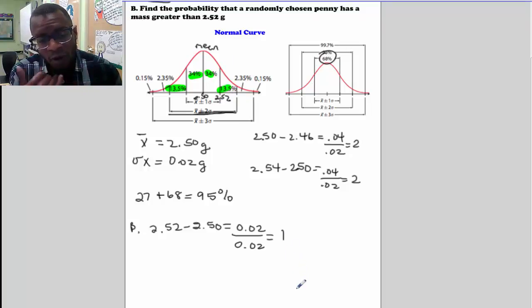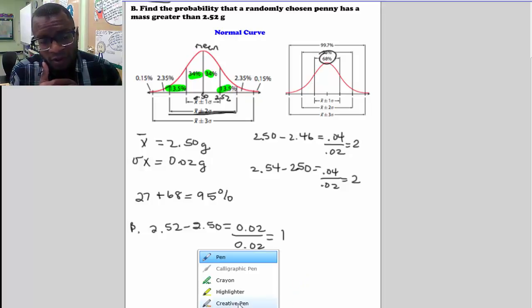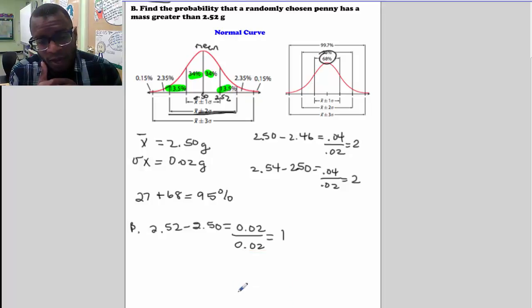So if we want the probability that a randomly chosen penny has a mass greater than 2.52, then the percentages that we want to add up are this 13.5, this area right here, all the way to the end. So it's going to be 13.5, the 2.35, and the 0.15.